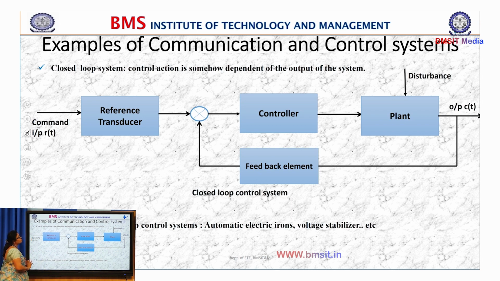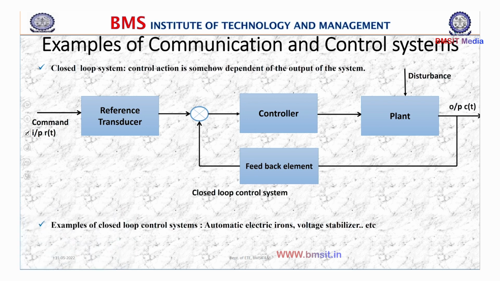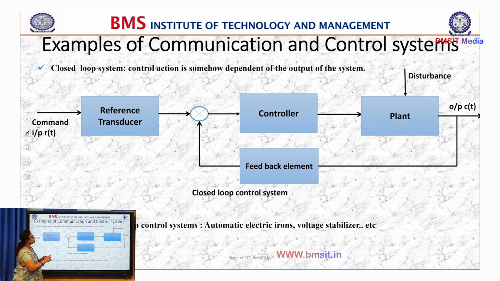In a closed loop system, the control action is dependent on the output, that is, we have a feedback from the output. This is the block diagram of the closed loop system where we have a reference transducer. The input is converted to the required electrical form.